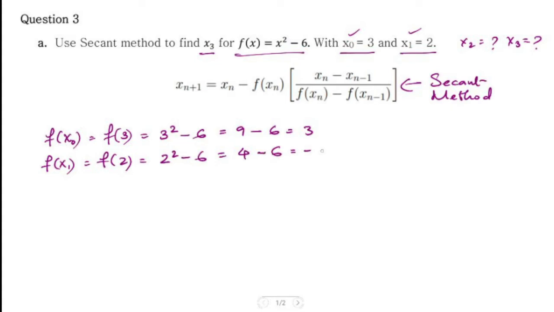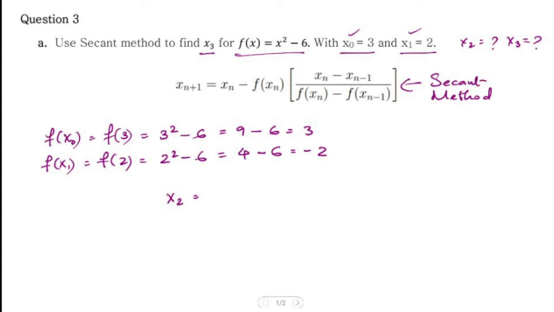Once we have both of these, we can use our secant method formula to get x2. That's x n plus 1, and xn for us is x1.